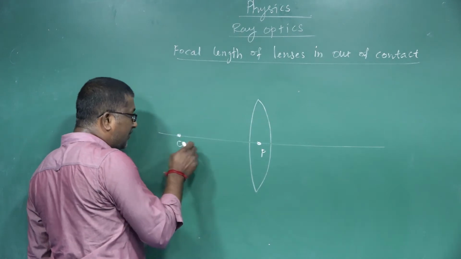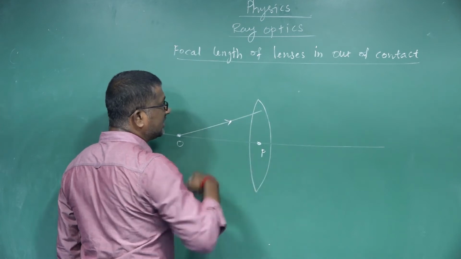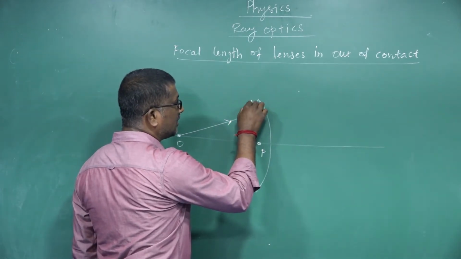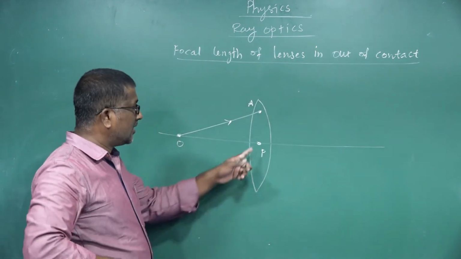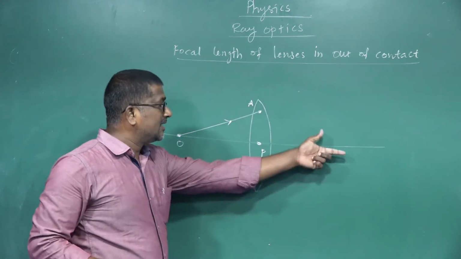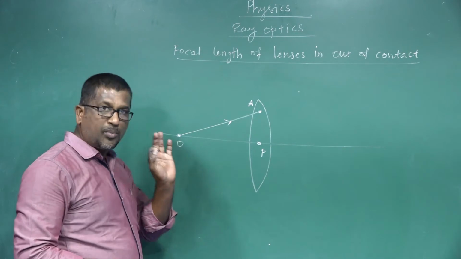A ray of light from this point object is incident on the lens at point A. Here P is the optic center of this convex lens and this line is the principal axis. On the principal axis we consider one point object.